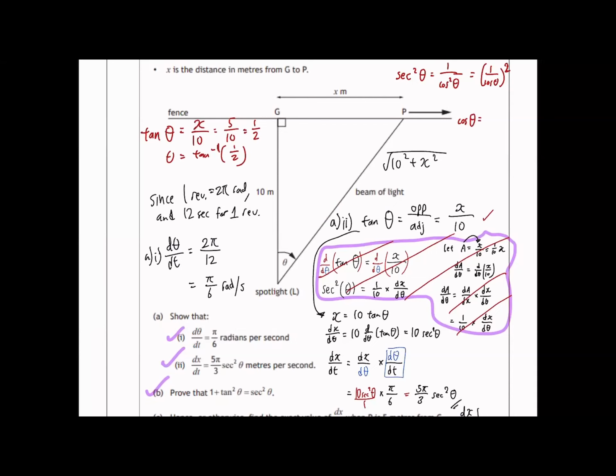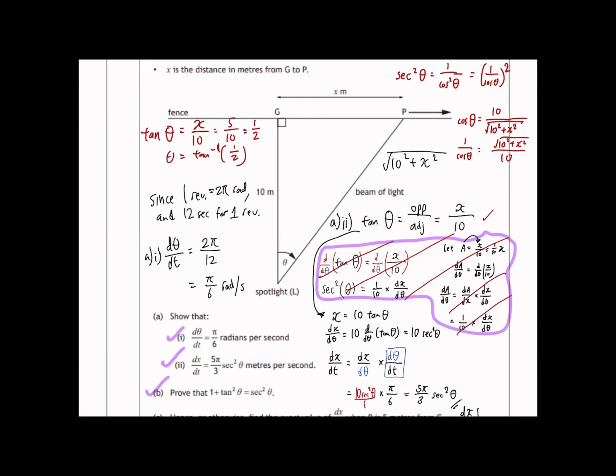Cosine theta is adjacent, 10, over hypotenuse, which is square root of 100 plus x square. Everything is in terms of x already. Then you just sub it back in. So 1 over cosine, flip it upside down. You square it, and you really get an exact value. Yes, of course, as long as the square root is there, you get an exact value.